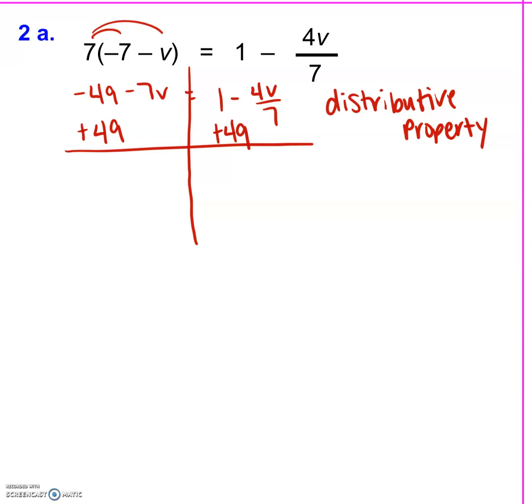So I can't just write this. I need to actually calculate what I have written. So negative 49 plus 49 would be 0. I bring this down. Negative 7v equals 1 plus 49 would be 50. And I still have minus 4v over 7 here. And what I use to add that to both sides is the addition property of equality.